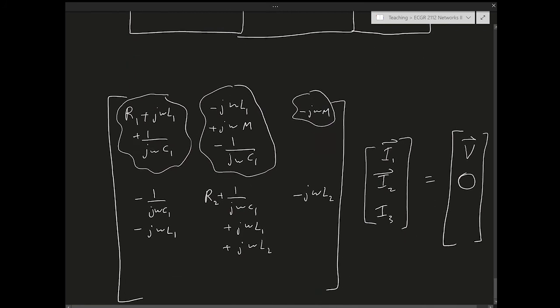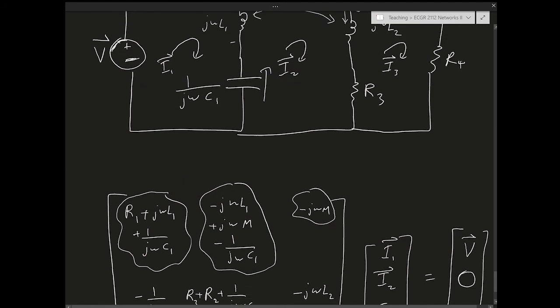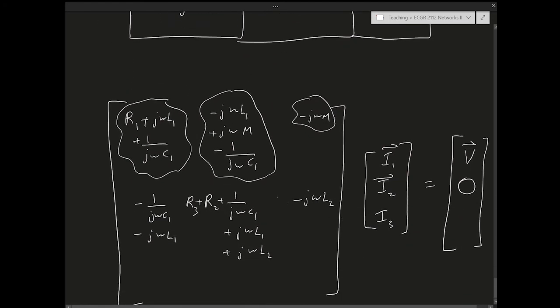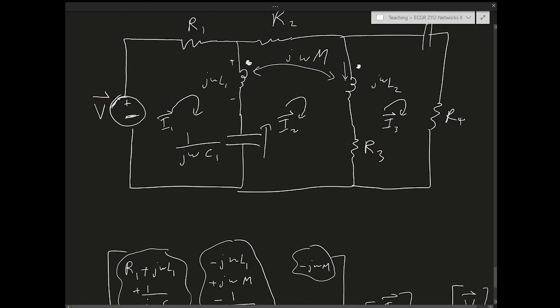So it's going to be plus R3 minus R3. Okay, and I'm done with all the elements except now the mutual terms.